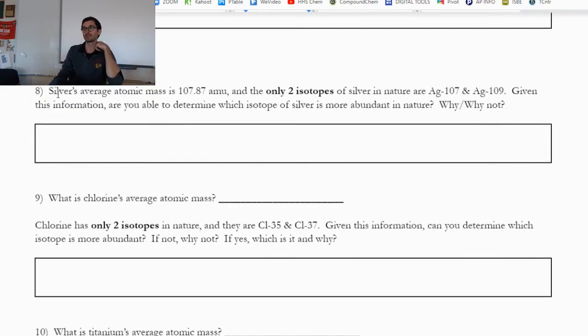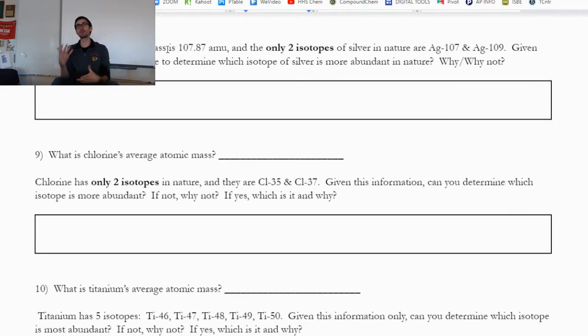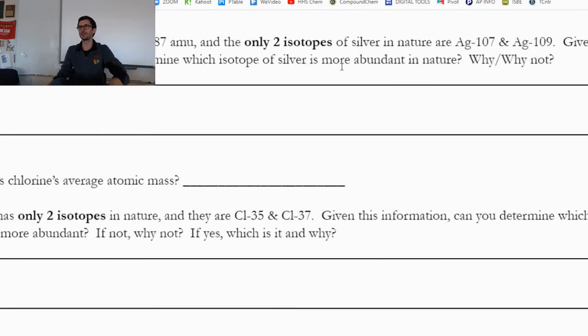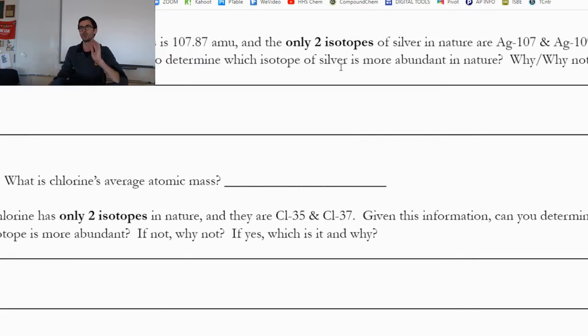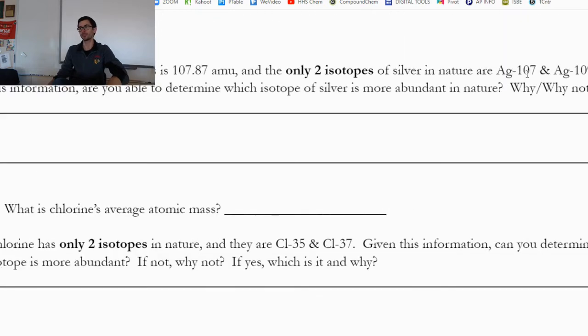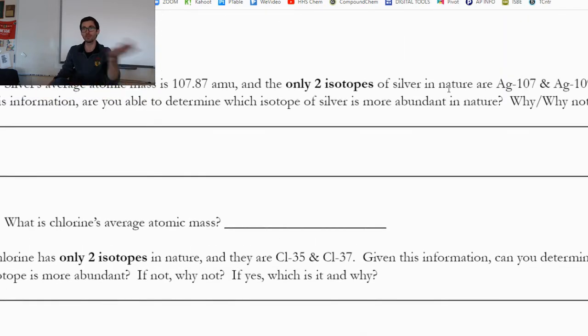But let's look at number 8. So number 8. We're trying to basically use some information, use averages and also the only two stable isotope masses to kind of figure out, decipher which isotope is more abundant in nature. So silver is one of the elements that only has two stable isotopes. One of them is 107 and one of them is 109.